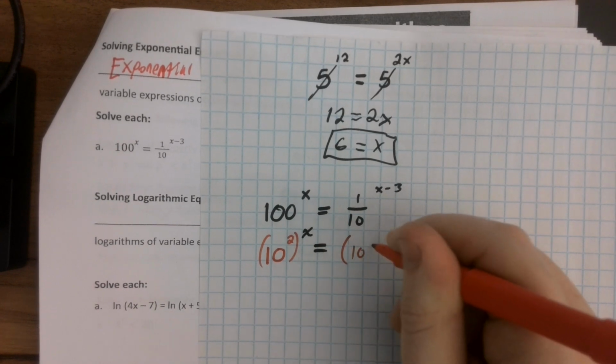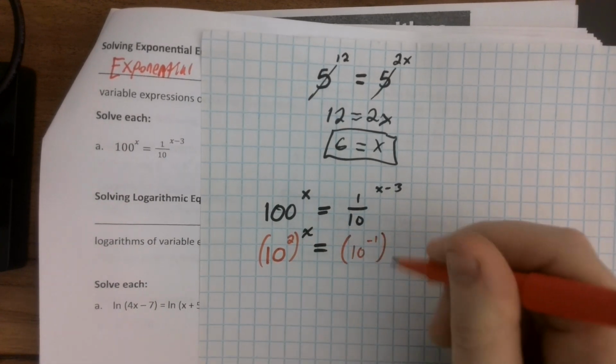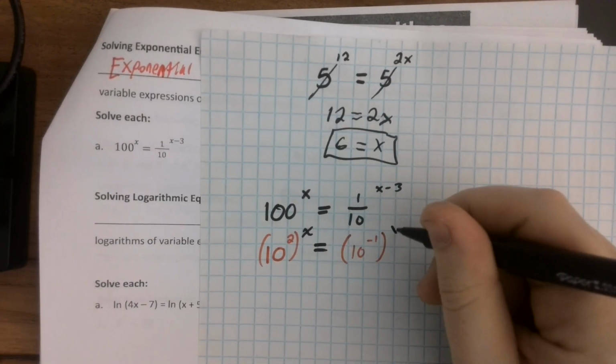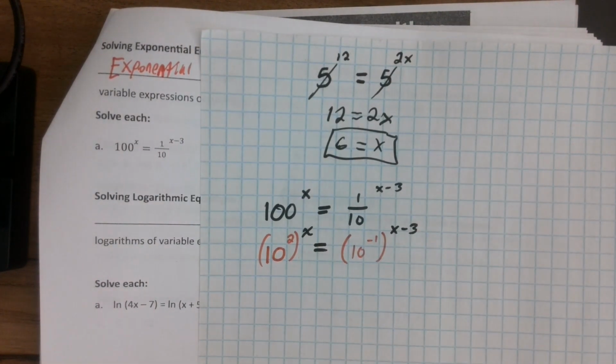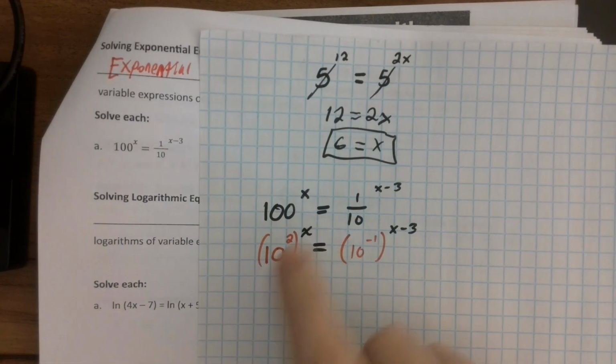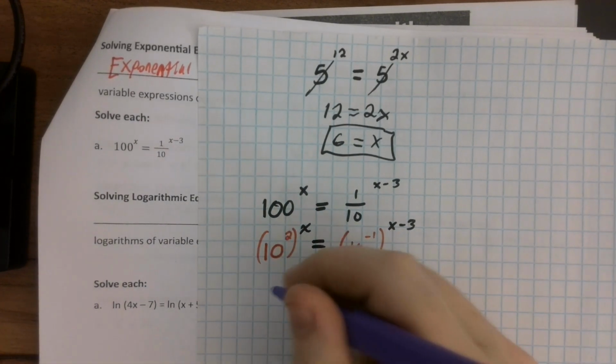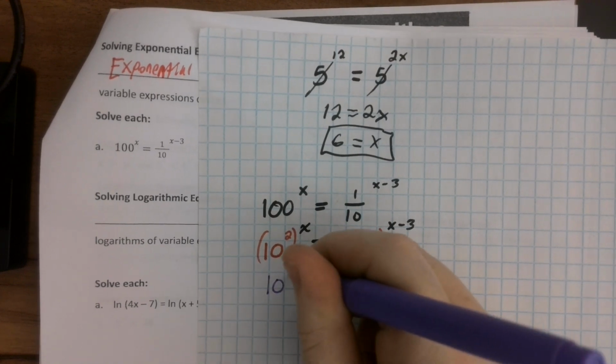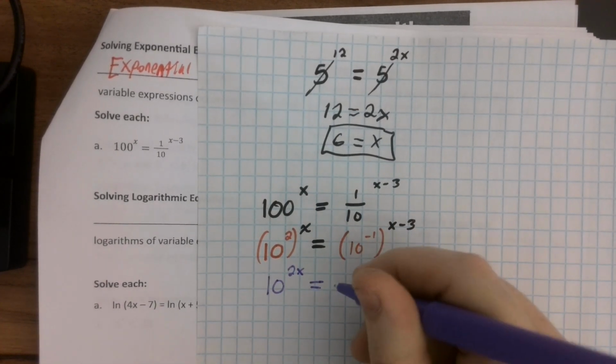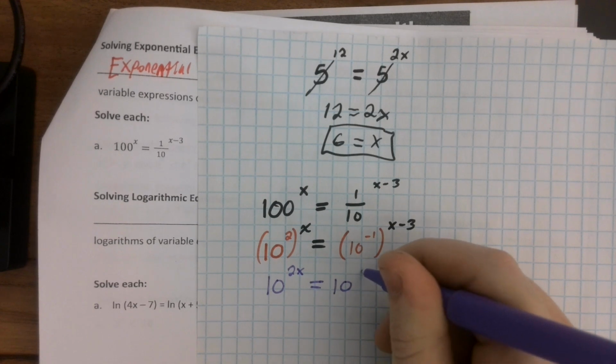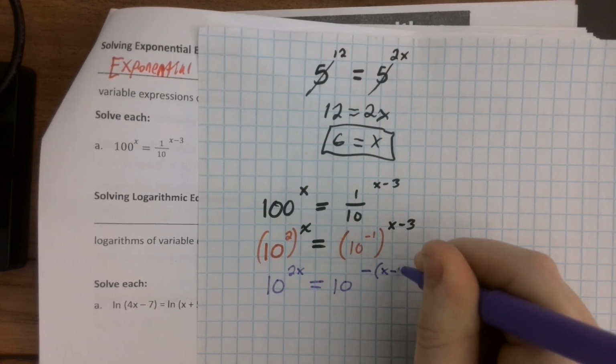That's just 10 to the negative first power to the x minus 3 power. Also recall our rule about power of a power properties. Anytime you have an exponent raised to another exponent, you can multiply them. So this is the same as 10 to the 2x equals 10 to the negative parentheses x minus 3.